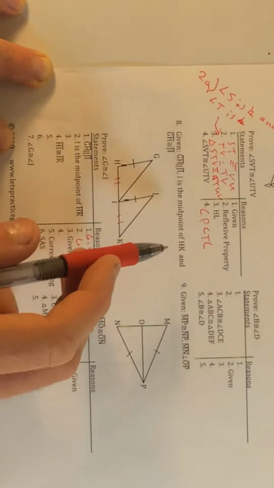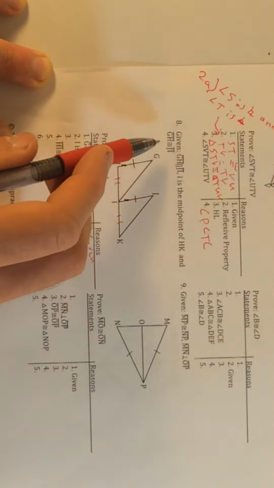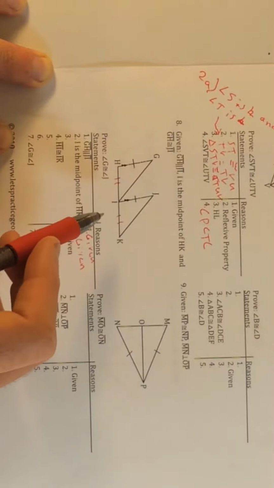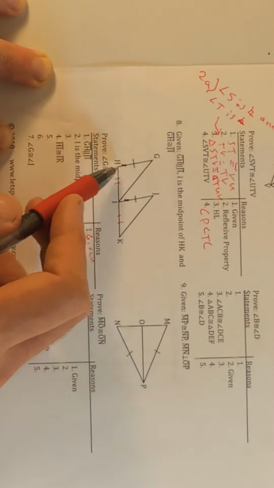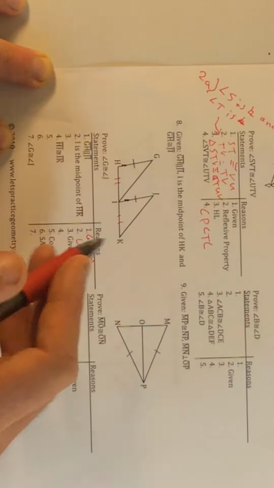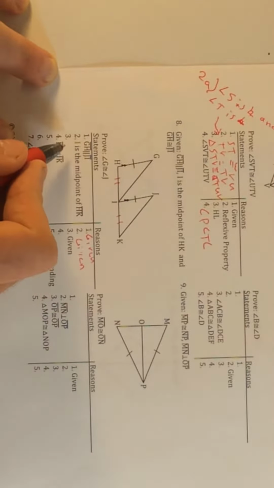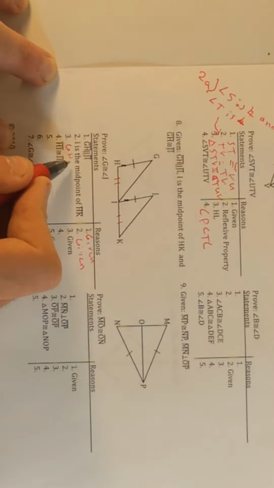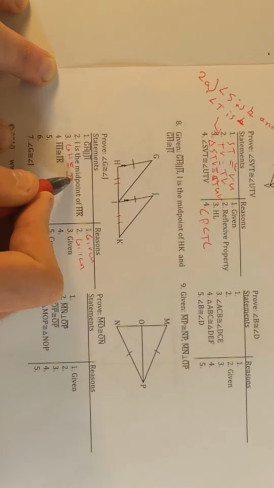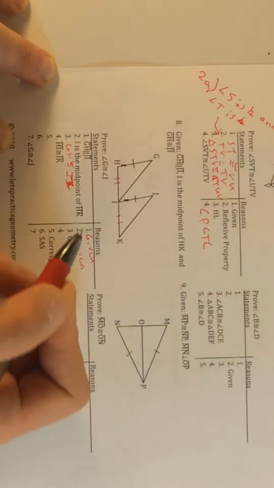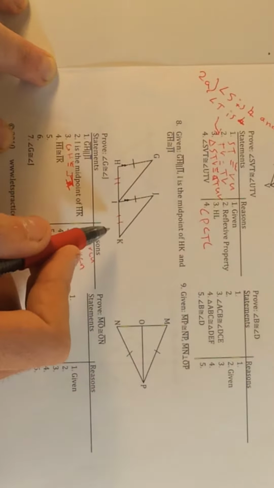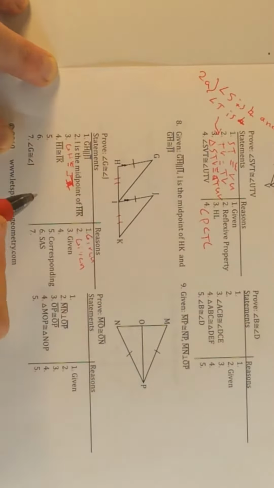And then the third thing they said was GH is congruent to JI. That was given, but let's just write that in. GH is congruent to JI.